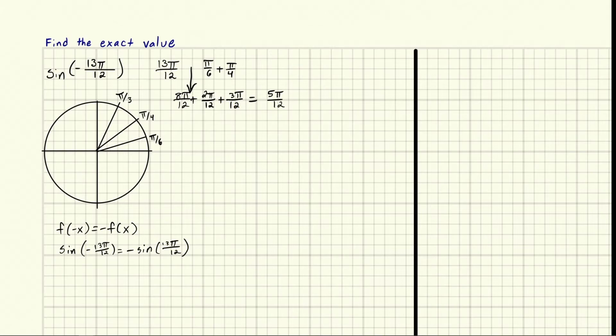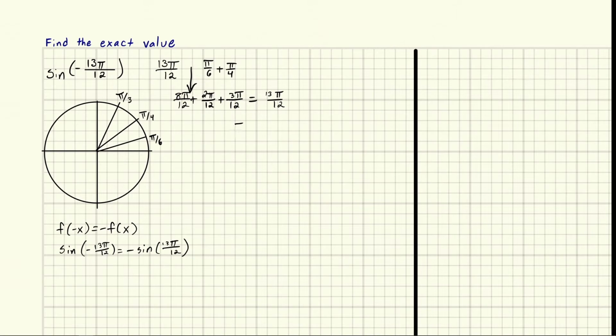Now we want to add this 8 pi over 12 in a way that will go backwards, so that we can get back to the pi over 6, pi over 4 deal. If we do this, we will get a 13 on the top and a 12 on the bottom. So from here, if we add the 8 to the 3, we're going to get 8, 9, 10, 11 pi over 12, which won't simplify back down.